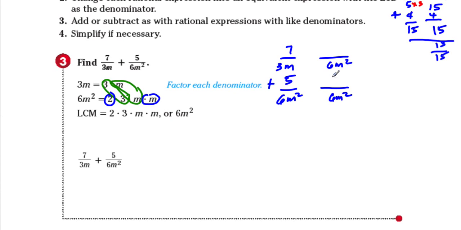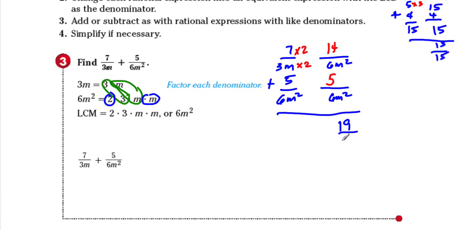That's 1. So I simply copy the 5. What did I multiply 3m by to get to 6m squared? That would be 2. And therefore I would need to multiply 7 by 2 as well, so this becomes 14. Now that I have common denominators of 6m squared, I simply add my numerators, and that becomes now 19 over 6m squared.